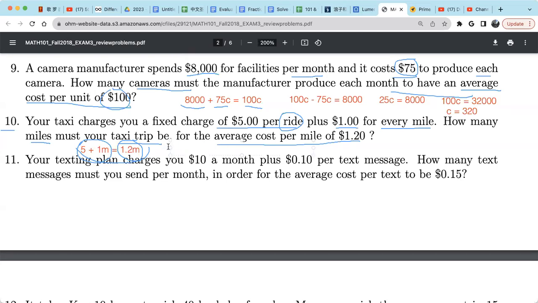So the rest is to solve this linear equation. So 1.2 m minus 1m minus m equals 5. That means 0.2 m equals 5. Right? So let me use a trick for you again. Let's multiply by 5 on both sides. So 0.2 times 5 is 1.